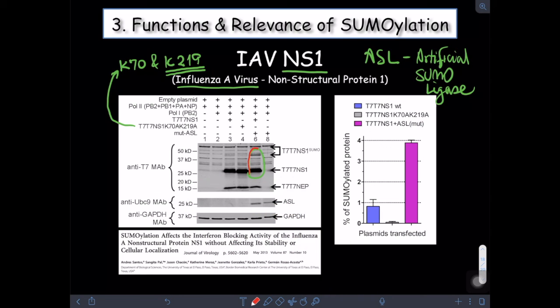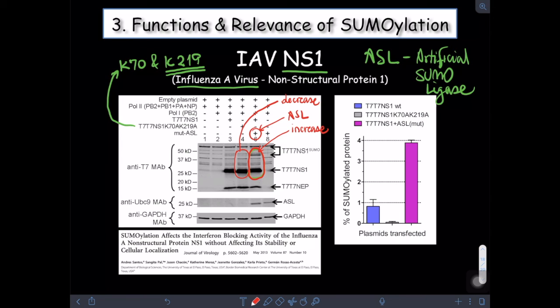With this tool at hand, this artificial SUMO ligase, we went on to try to characterize the effects of SUMOylation in NS1 by studying the effects of both decreasing the SUMOylation of NS1 by using the non-SUMOylatable mutant of NS1, as well as increasing the SUMOylation of NS1 by using the artificial SUMO ligase as a way to increase the percentage of SUMOylated NS1 within the cell.